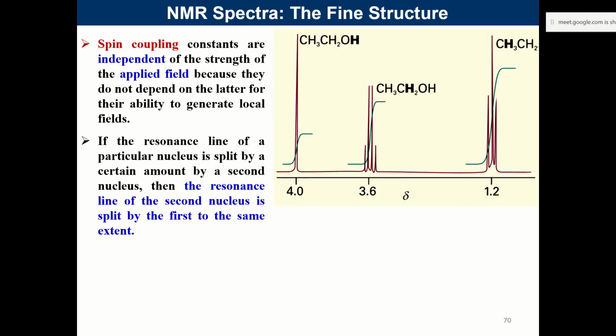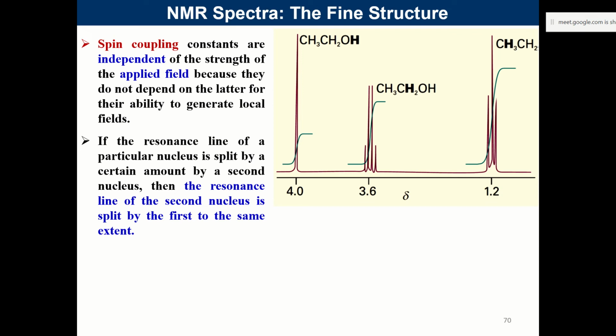So this was what we learned: the spin coupling constant is independent. Remember the Larmor frequencies of the same nuclei, like protons, depend on the applied magnetic field.